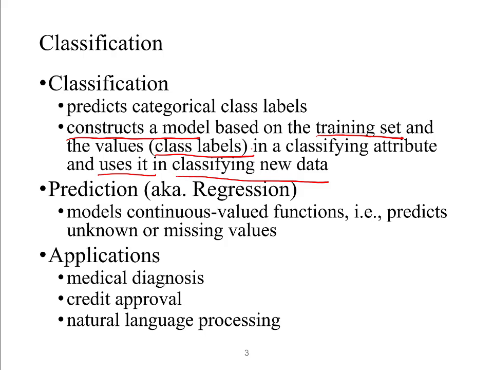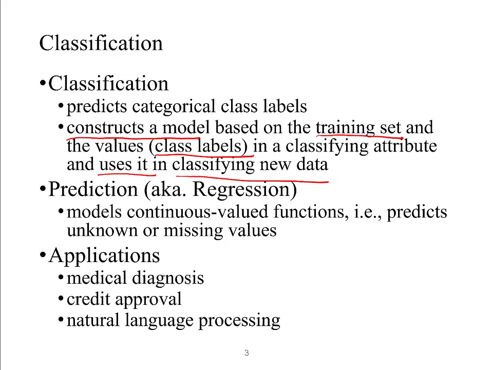And prediction or regression is quite similar to classification, but they do have different objectives. For prediction, the prediction model is to model continuous valued functions such that they can predict unknown or missing values.